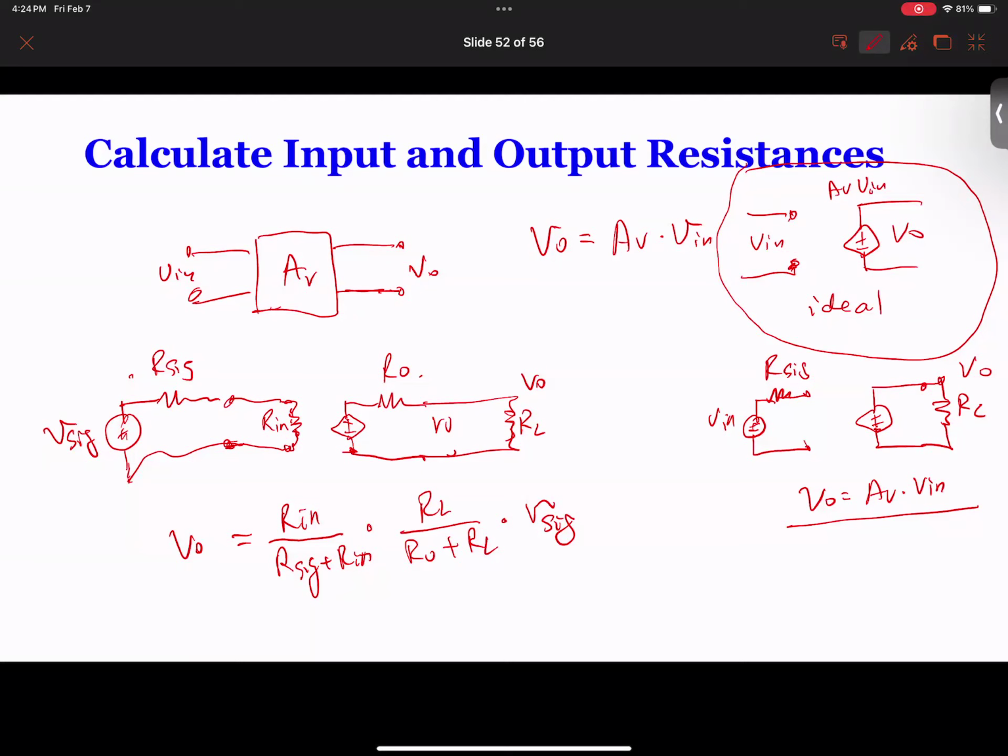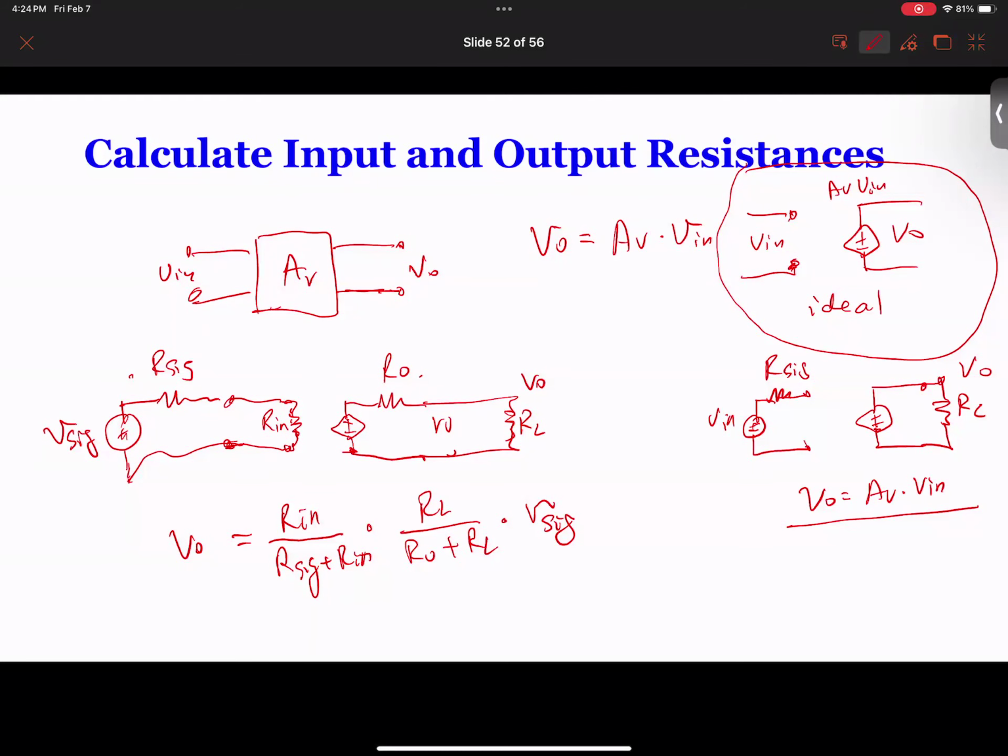Ideally, we make this 0, but of course, we never make it 0, so we make it as small as possible. How small? If you make this, say, 1 ohm, and your load is 10 kilo ohm, you see how much difference it makes? 0.1%, which we don't care about. But if your output resistance is 5K and your load is 10K, you see what happens?